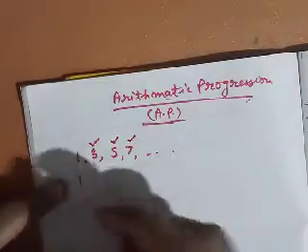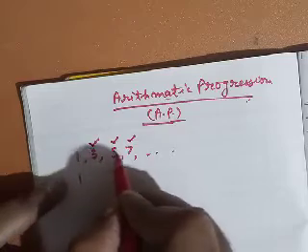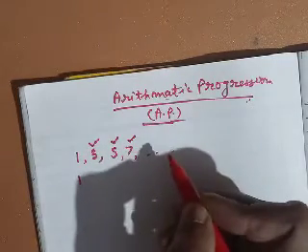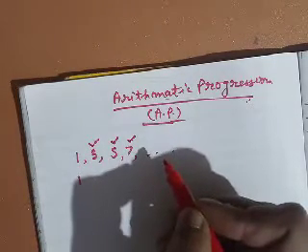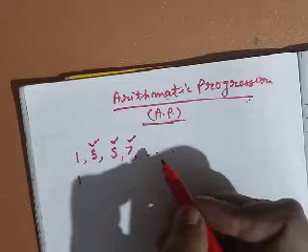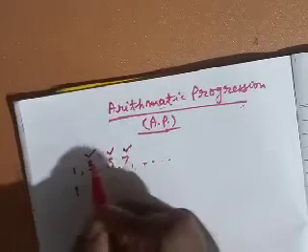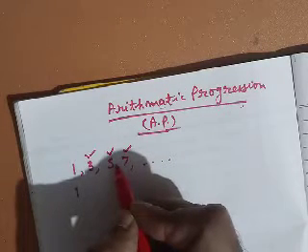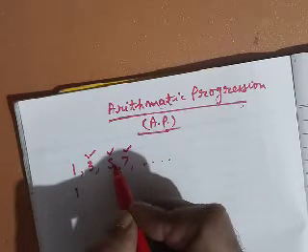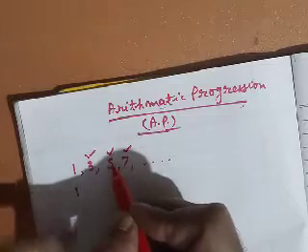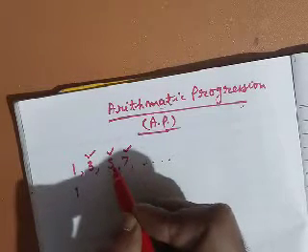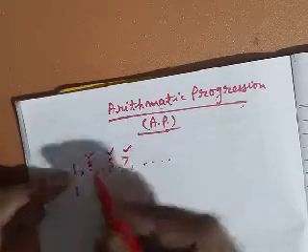Then this type of series has a special property. What property? We are adding a fixed number to the terms. So in this example, what is the fixed number? It is 2.